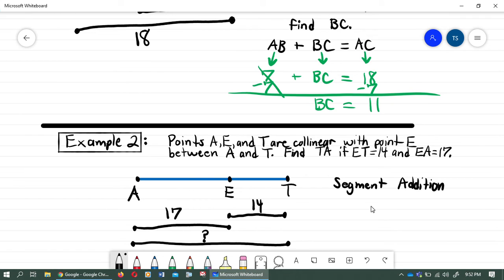So which two segments have to add together to give you the whole thing? That's what you should be asking yourself. And the answer is segment AE, or the length of segment AE, which is that first segment that you see right there. The length of that one has to be added to which other segment that is not the whole long segment?